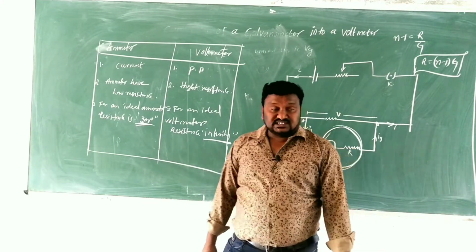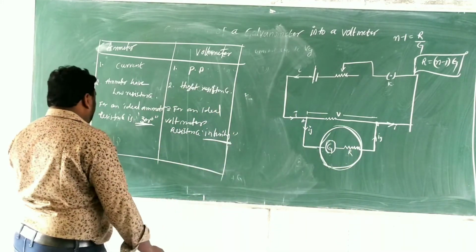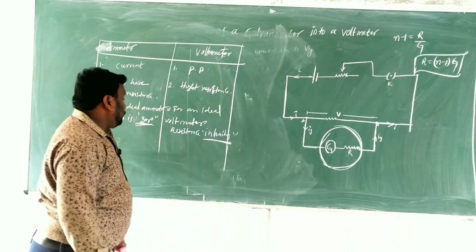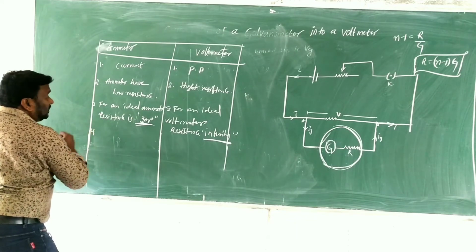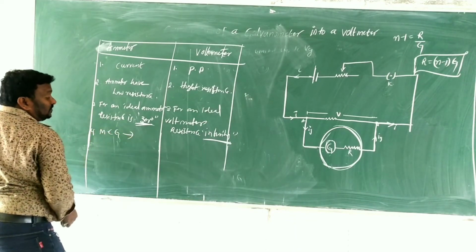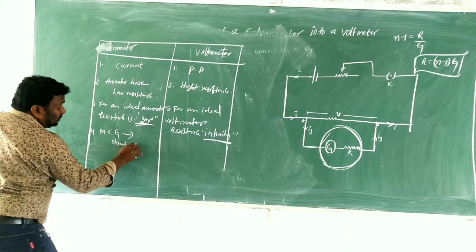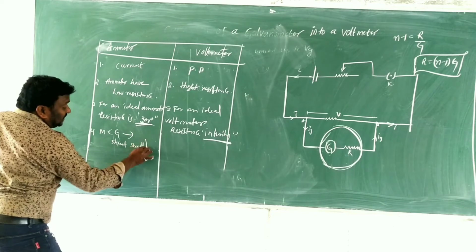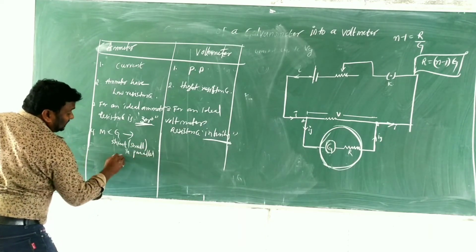And children, just now I told you how we can convert. Simply we will add 2 points here. How can we convert MCG? MCG is converted to an ammeter by adding a shunt in parallel to the galvanometer.